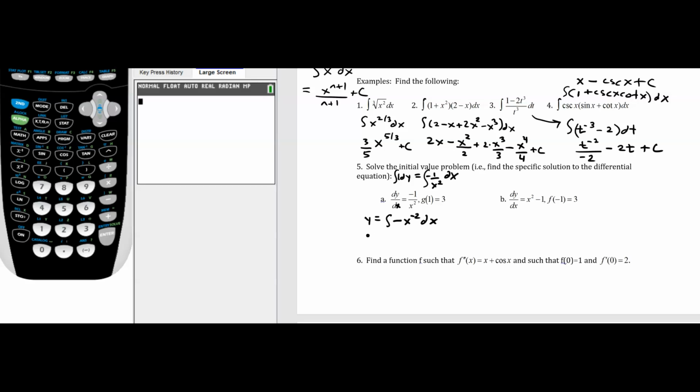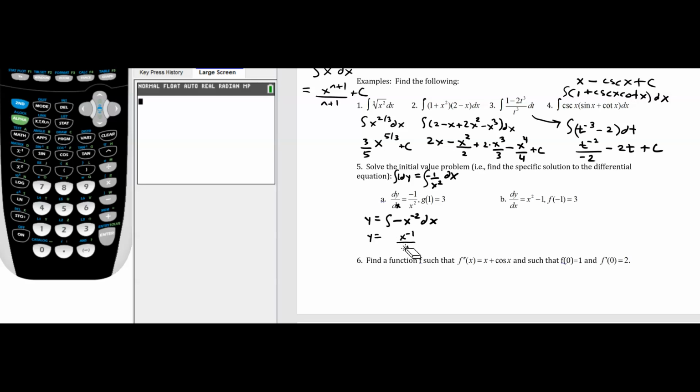Applying the power rule here, when I add 1 to my exponent, I'll get x to the negative 1. And now I have to think a little bit, because typically you would add 1 to the exponent and that number would go in front, but there's also this negative in front here. So I think this negative and this negative actually cancel each other out.